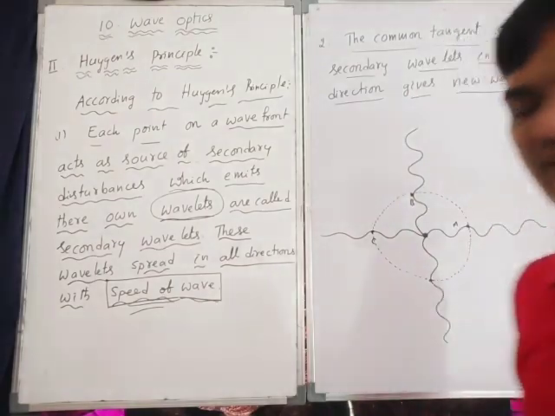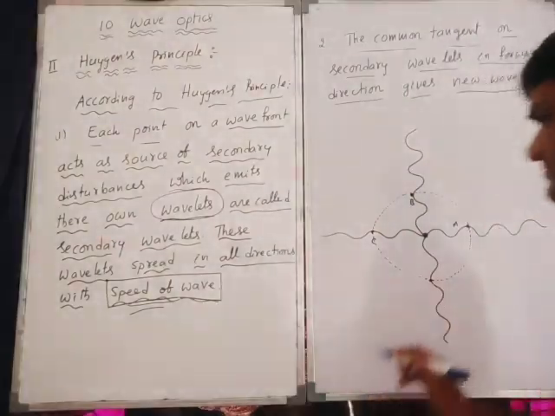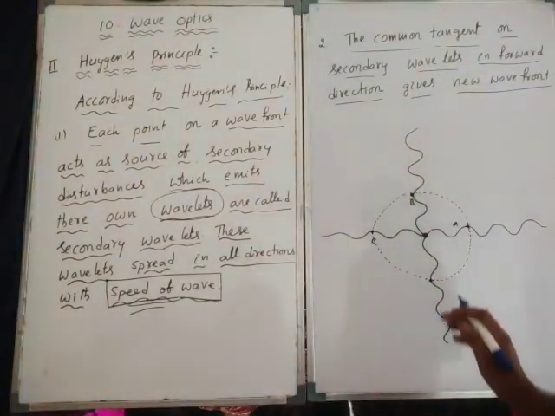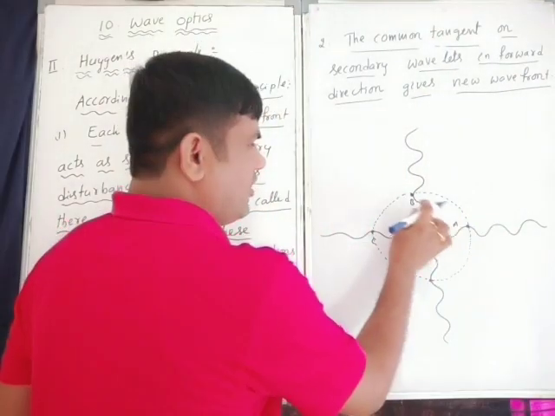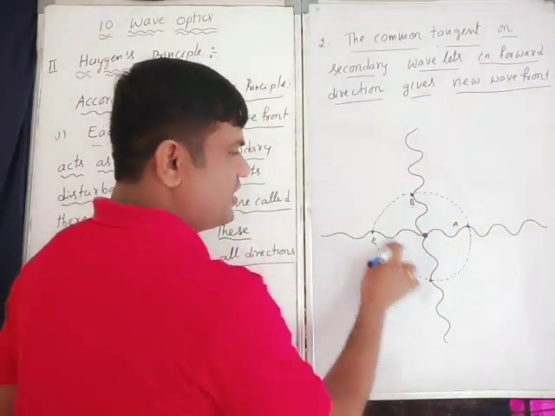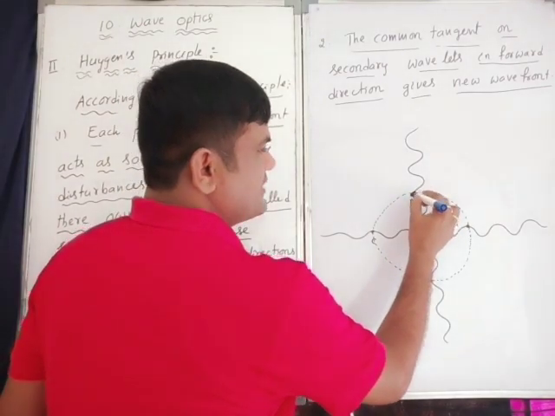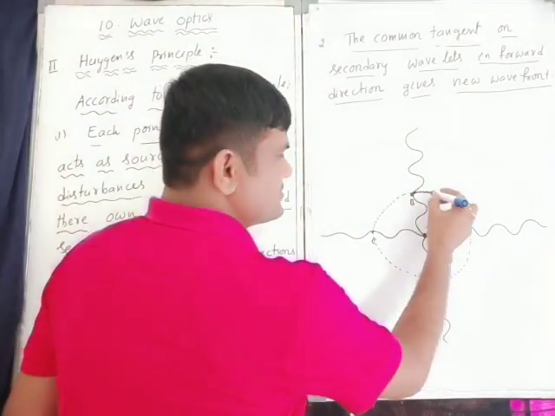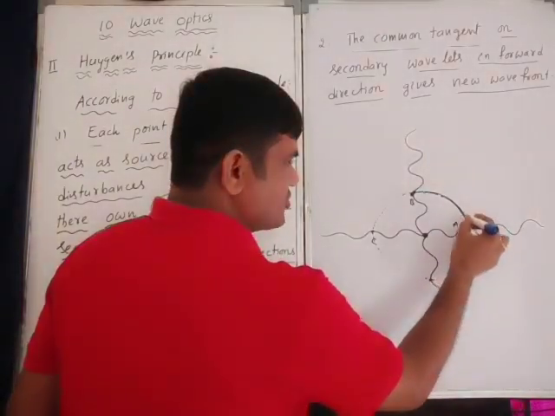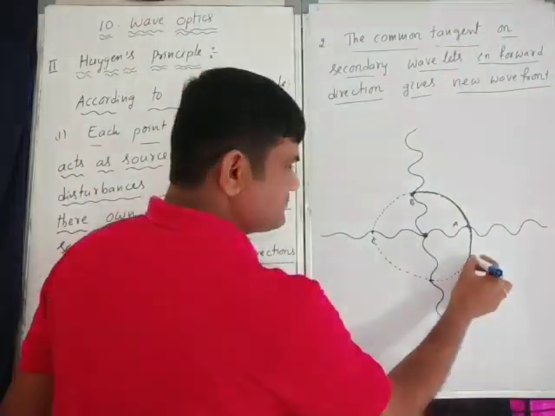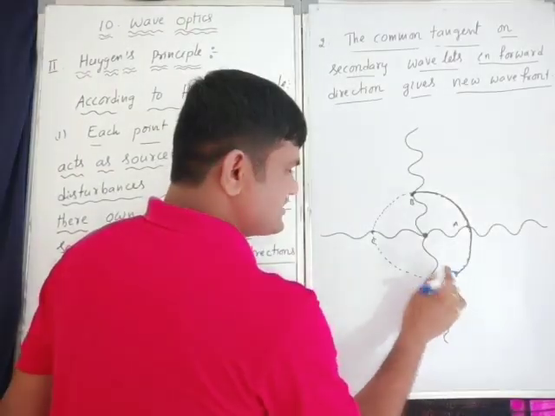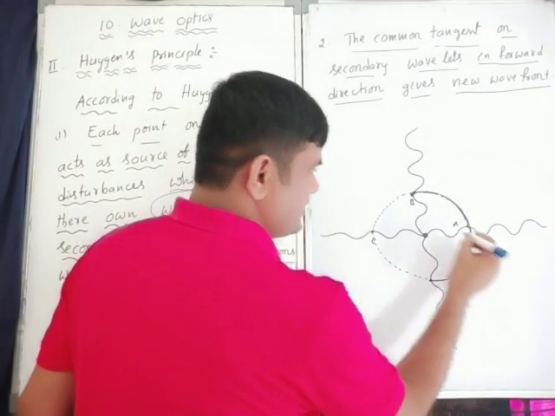This is the wavefront, the locus of all points we can join with the help of one line, one circle. So this is nothing but a concentric circle, concentric sphere, not circle, sorry, concentric sphere.